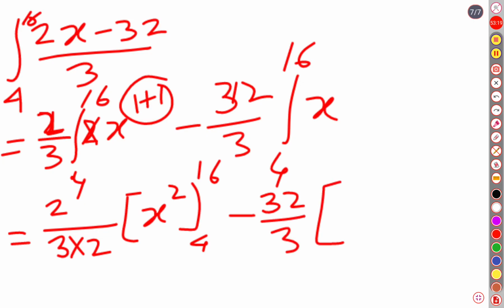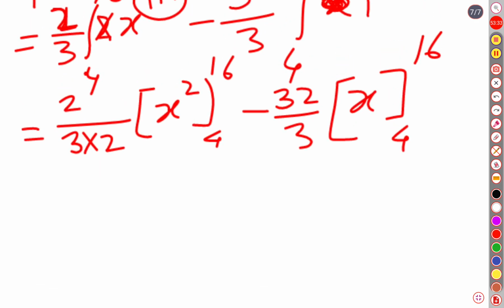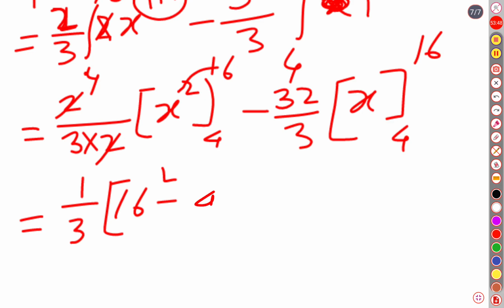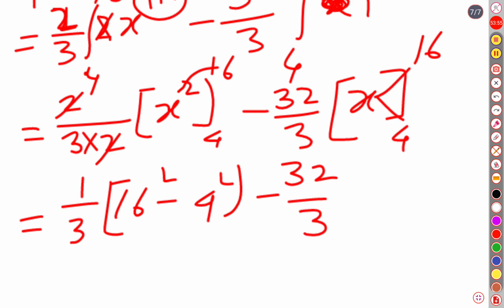Then this is not x actually, this is 1, so for 1 our integrand is x, from 4 until 16. If we substitute the corresponding values, it is going to be 2 over 3 times 16 square minus 4 square, minus 32 over 3 times 16 minus 4.